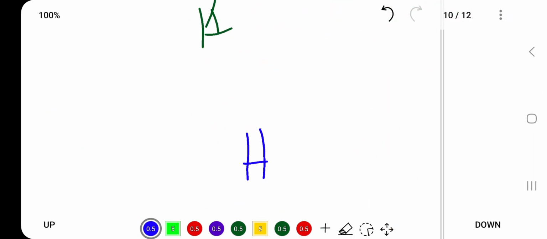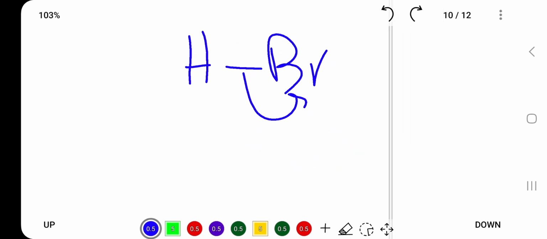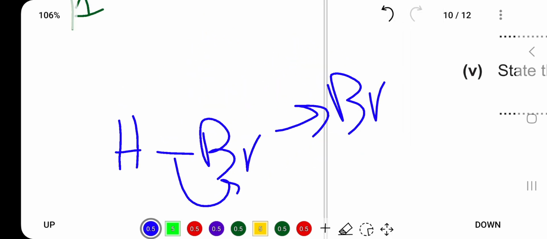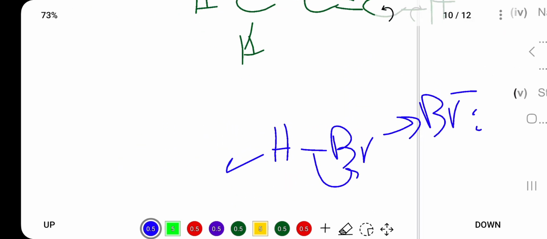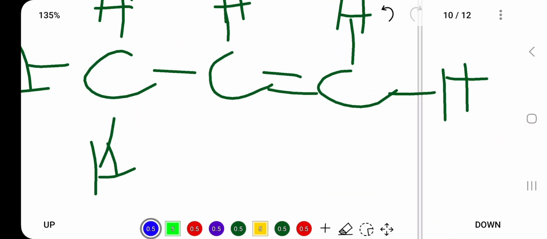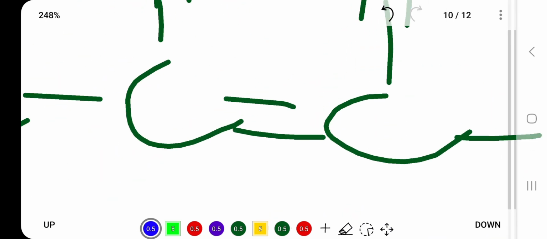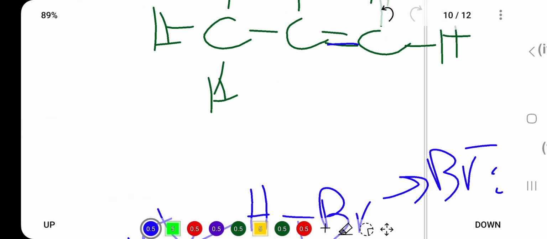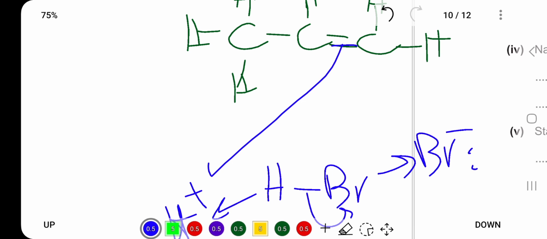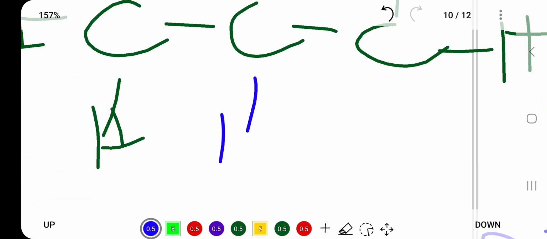So then HBr will become Br minus, and it took the bond pair from the H. It should become an H plus, right? And then what happened here is very, very important. One of the double bonds will react with H. The H will come.